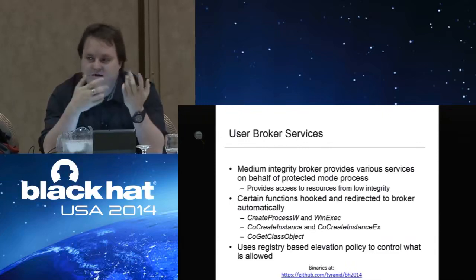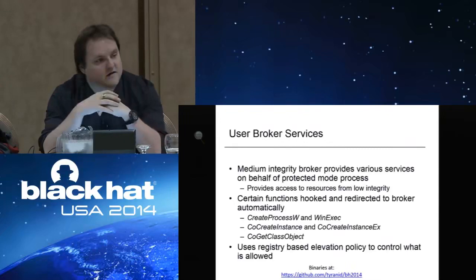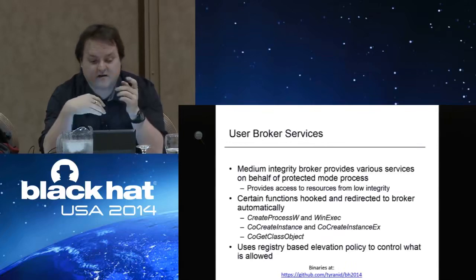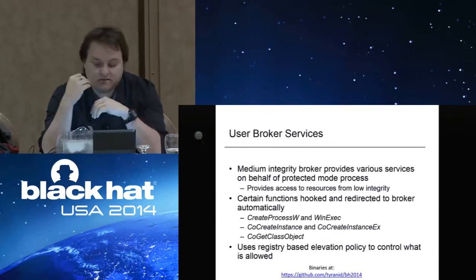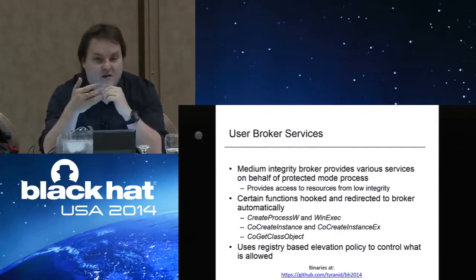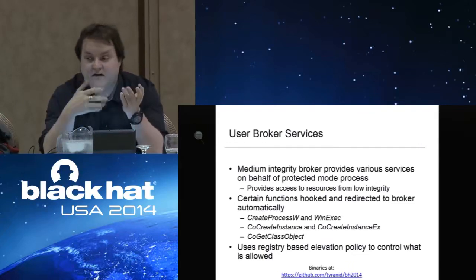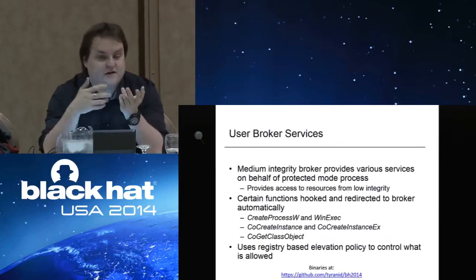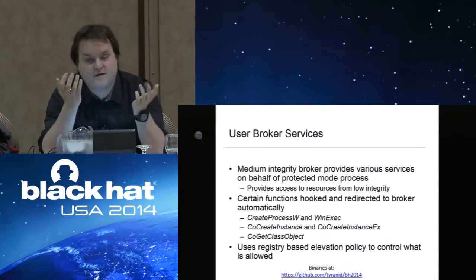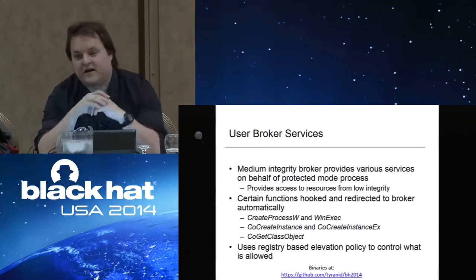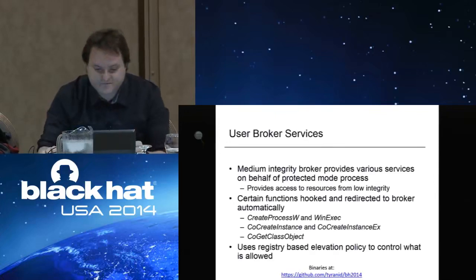So what it does is it proxies along certain function calls. So CreateProcess, or CoCreateInstance, which is used for COM instantiation. It will actually proxy these through the broker itself. So the broker exposes functions which implement these at the user level. So in theory, a poorly written extension can still use CreateProcess, and the worst that will happen is the user has to click a box saying, yes, I allow you to run command.exe or whatever.